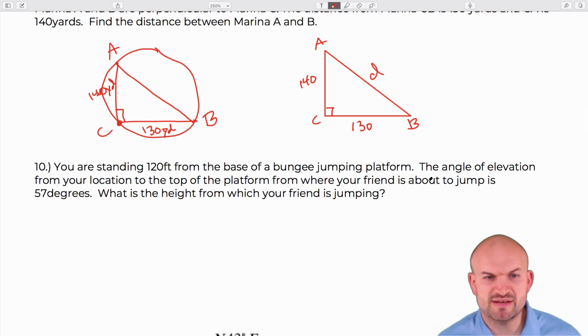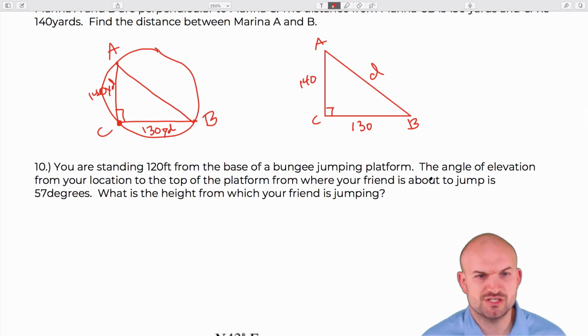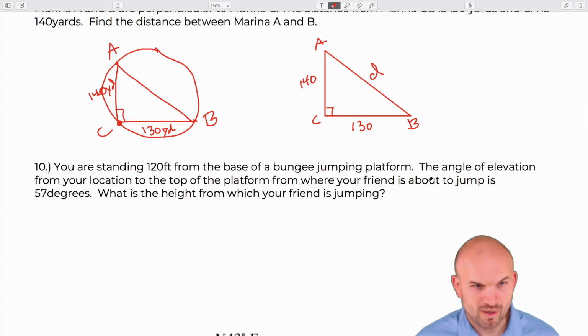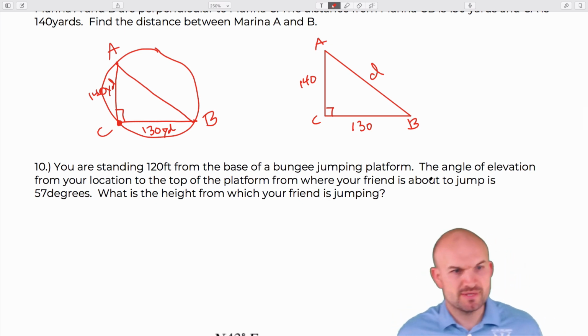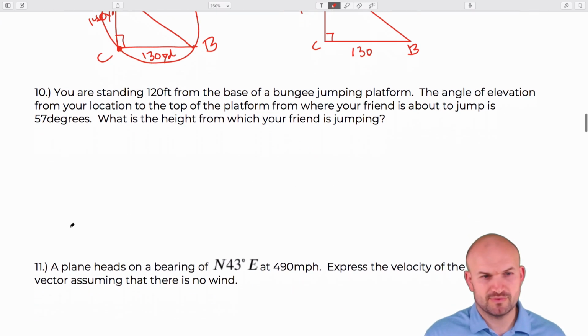You're standing 120 feet from the base of a bungee jumping platform. The angle of elevation from your location to the top of the platform where your friend is about to jump is 57 degrees. What is the height from which your friend is jumping? So we're going to go 120 feet to the base of a platform.